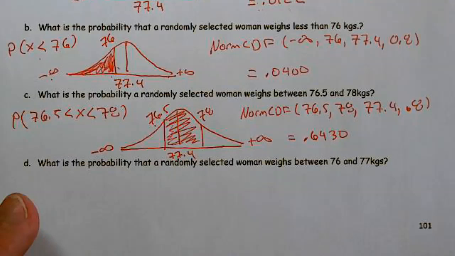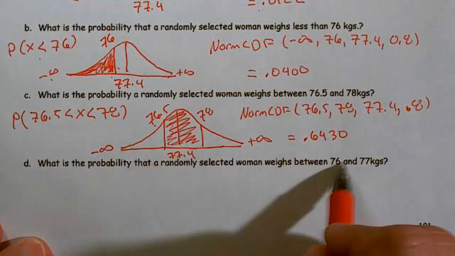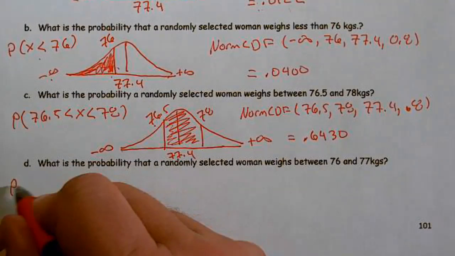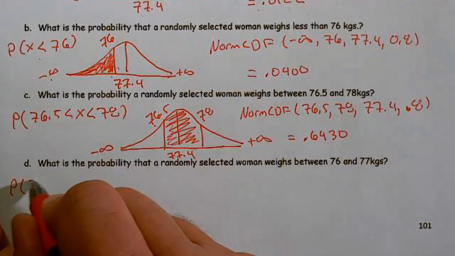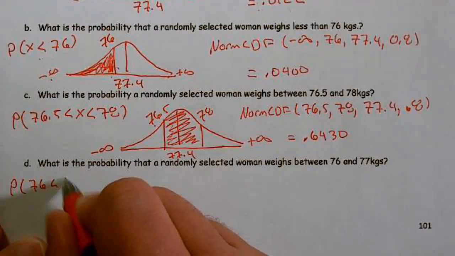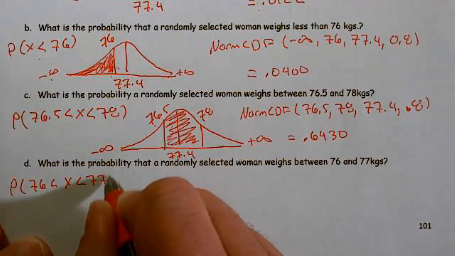The next thing, what is the probability that a randomly selected woman weighs between 76 and 77 kilograms? All right, so we have two values. So our probability statement is going to look like this. The probability of 76 is less than X is less than 77.